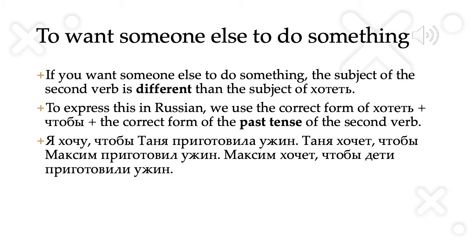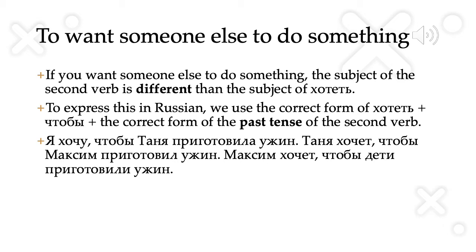And what we do in Russian in this situation is we use the correct form of хотеть, for example, я хочу, and then we use the word чтобы, and then the past tense of the second verb, and the pronoun or the noun of the subject of the second verb is in the nominative. So, я хочу, чтобы Таня приготовила ужин.